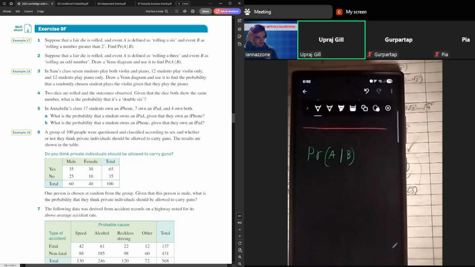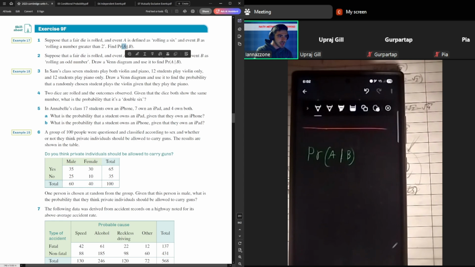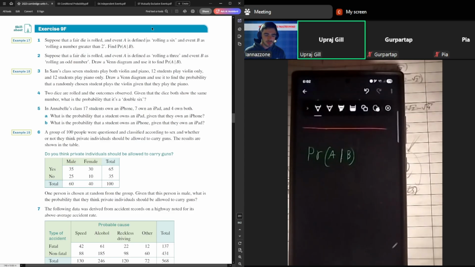Is it just 1 out of 6? Not going to be 1 out of 6 for this one. So 1 out of 6 would have been the probability of rolling a 6. That's probability of A. But this conditional here means you've got to further restrict that sample size. Wait, no, hold on.